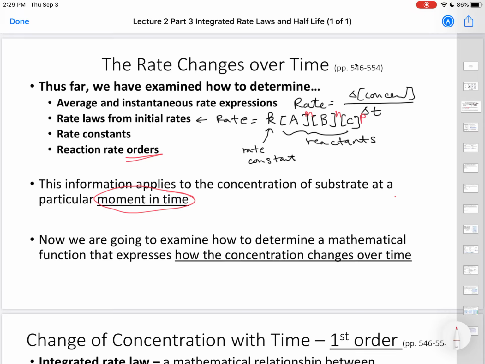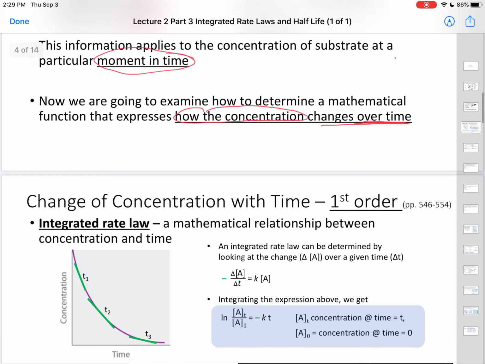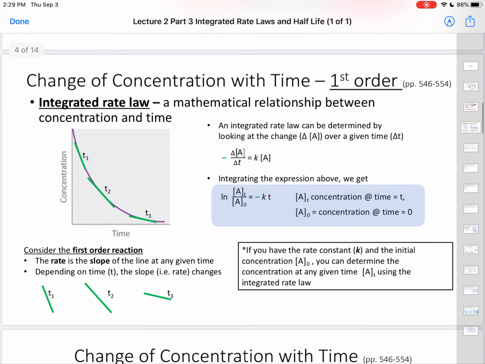But really, we would like to be able to examine a mathematical function that expresses how the concentration changes over a particular period of time. Because we would like to be able to say, at the beginning of the reaction, there's this much material, at the middle of the reaction, there's this much material, and at the end of the reaction, there's this much material, right?